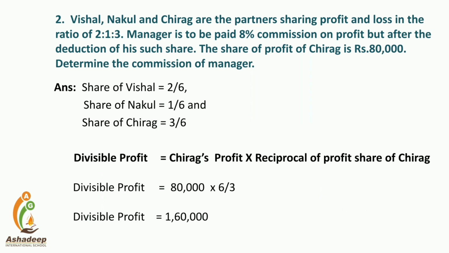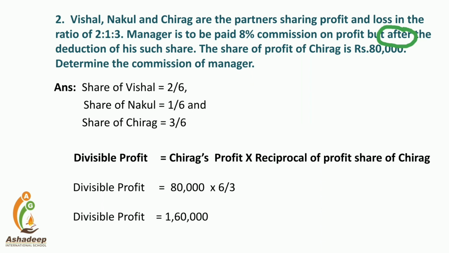As I told you, whenever you read the question, it is important to know which word is given, either after or before. In this question, after is given. The share of profit of Chirag is rupees 80,000. Determine the commission of the manager.